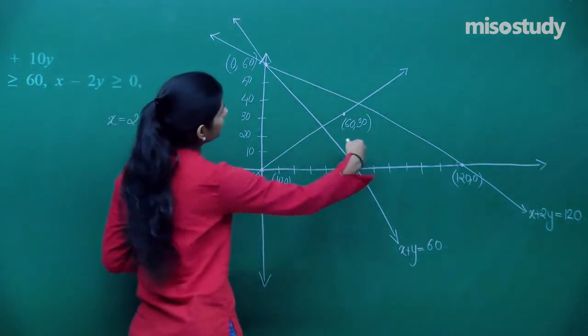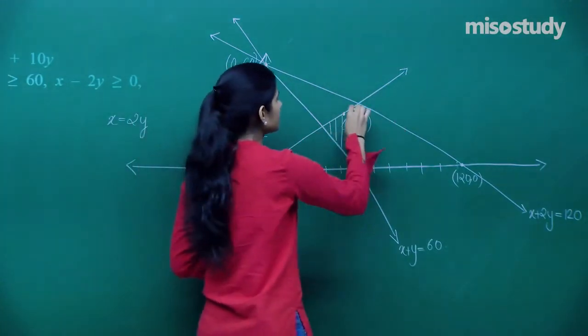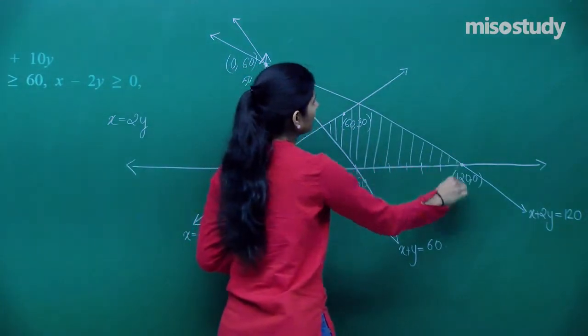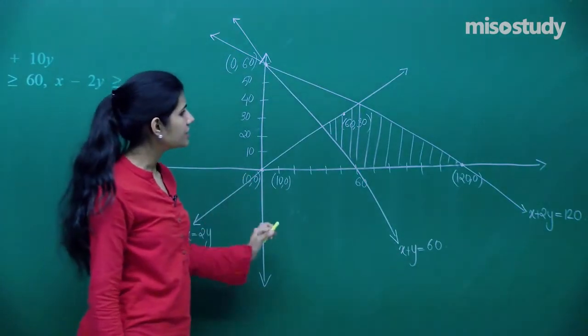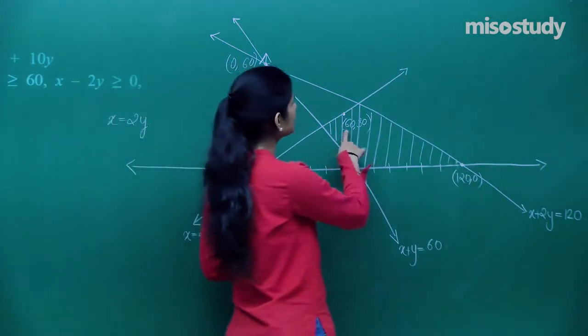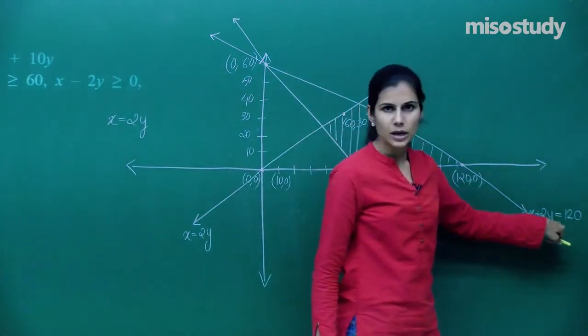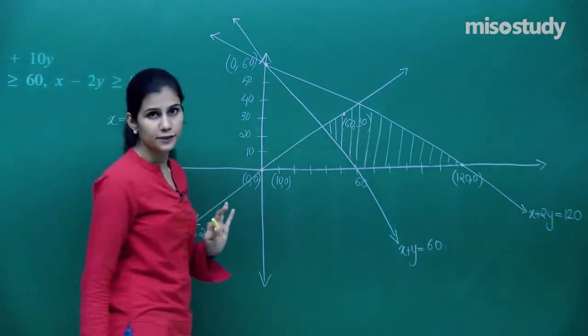So this side of the line, and below this line, that means this is my feasible region, okay? This is my feasible region. X is 60, y is 30. In here, that is what is being represented first of all.